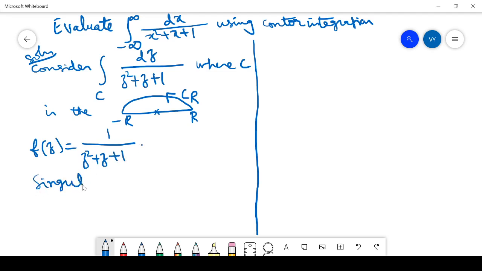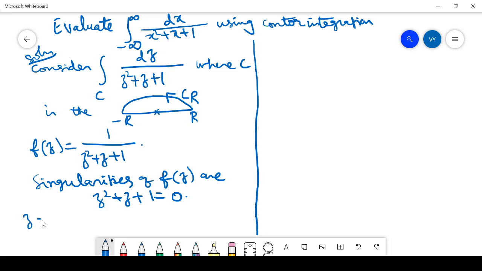Now I have to calculate the singularities, because if I want to use contour integration, first we require the singularities.